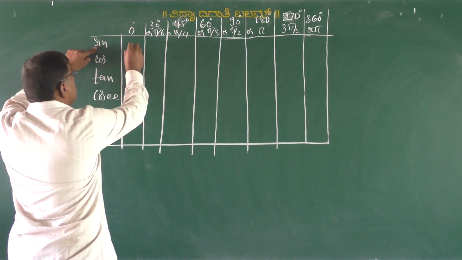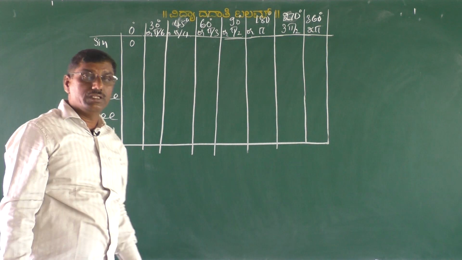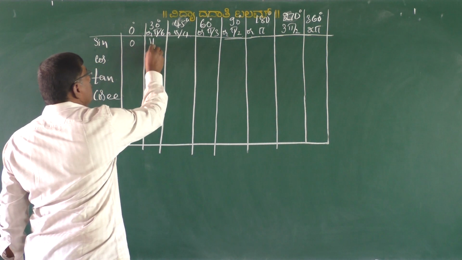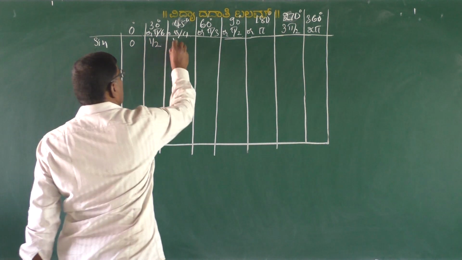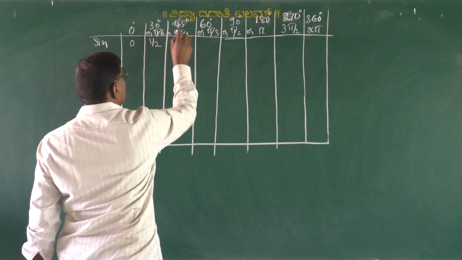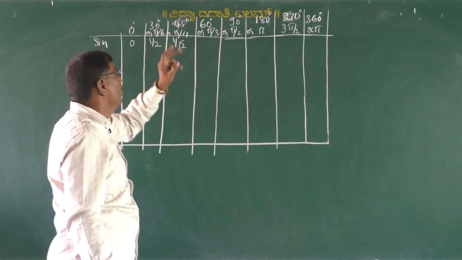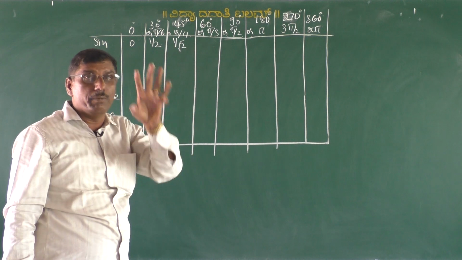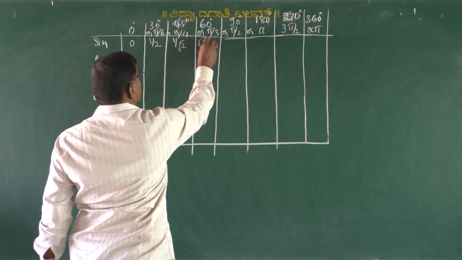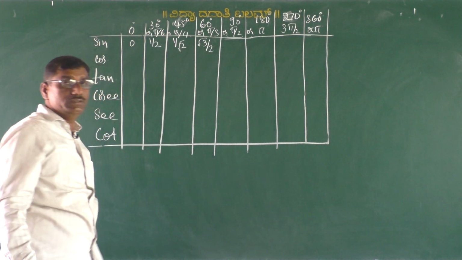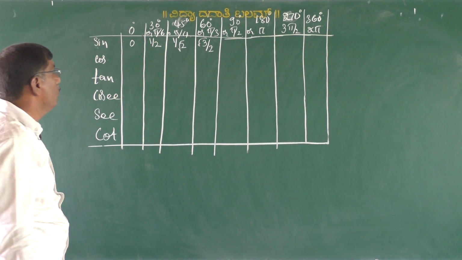Sine 0 is 0, sine 30 is 1 by 2, sine 45, that means sine pi by 4, is 1 by root 2, my dear students. Sine 60 is root 3 by 2, my dear students, listen carefully.